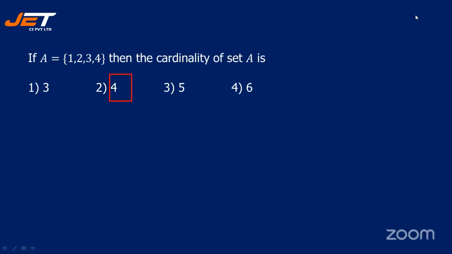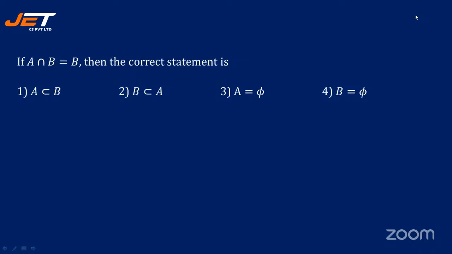Okay, let's see the answer. It is 4, option 2, because you have 1, 2, 3, 4. What is cardinality? It means the number of elements in set A. That is 1, 2, 3, 4. So 4.